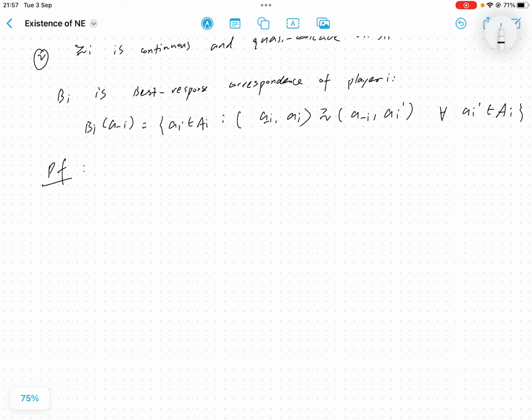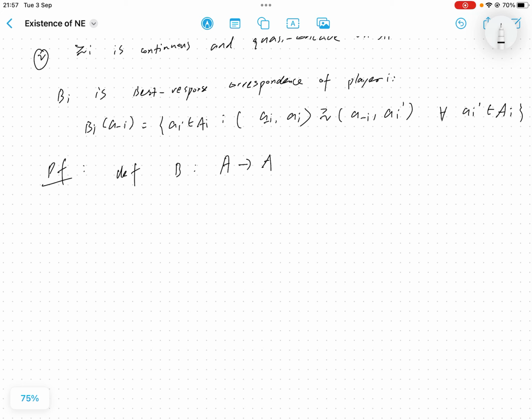Okay, now let's begin the proof. We define this B, a correspondence from A to A, where A is the outcome, or the action profile from all the players. This is the biggest set for the actions, right?